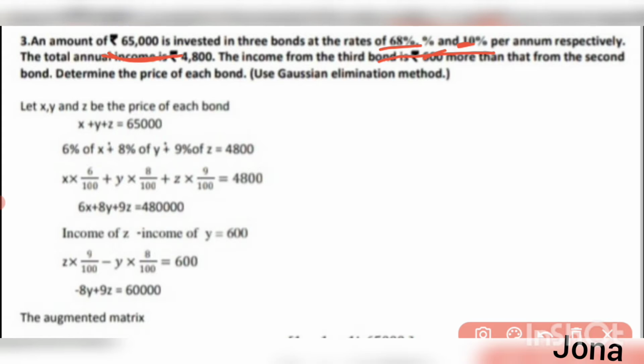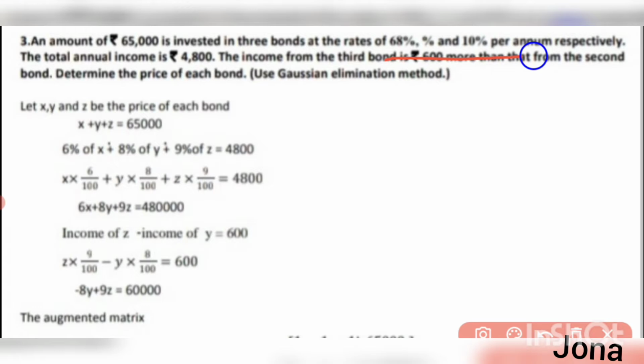So we can have the equation as 6% of x. The first bond is x and the second bond is y and the third bond is z. That invested amount is nothing but 65,000. So we can write this as x plus y plus z equal to 65,000.